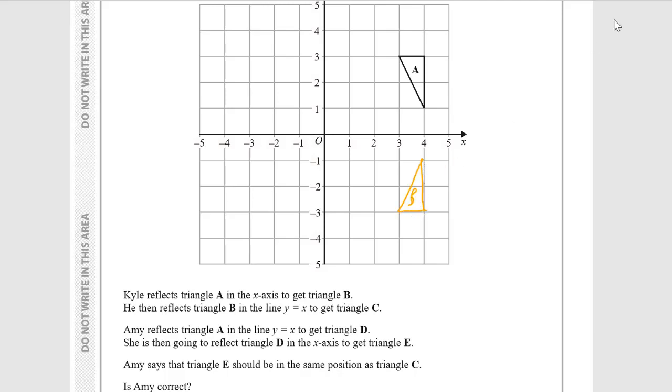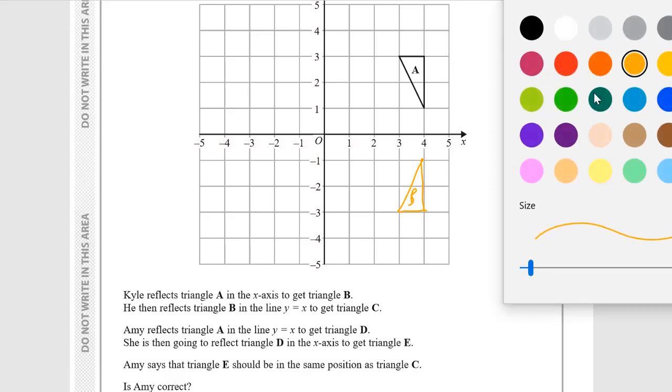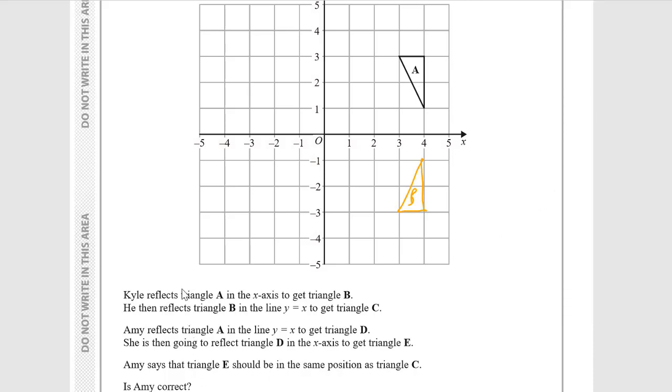Okay, that's B. And it says he then reflects triangle B in the line y equals x to get triangle C. So it's going to be reflected here.